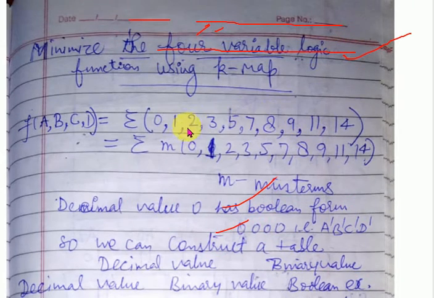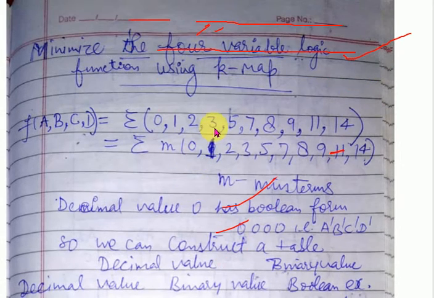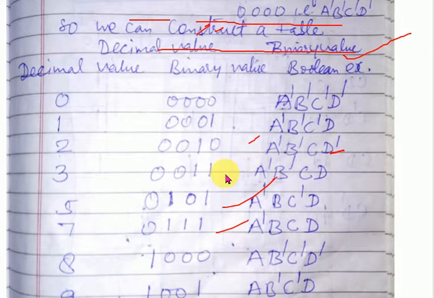Similarly for 2 the binary representation is 0 0 1 0 and it can be written as a dash b dash c and d dash. And next decimal digit is 3, and in the binary form it can be represented 0 0 1 1.